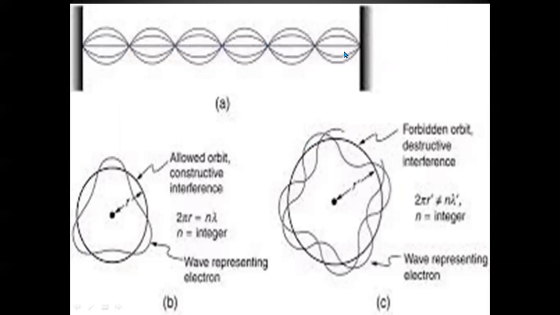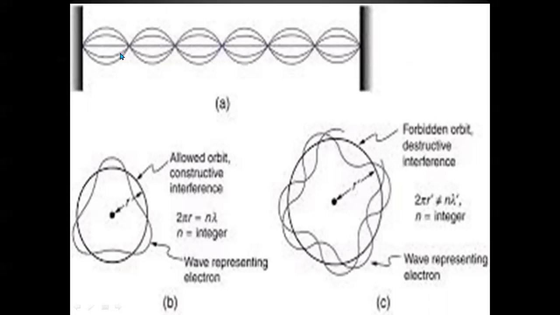Actually, these are three waves. Starting from this point up to this point, one wave. This point to this point, second wave. This is the third wave. Now, this is actually the original wave which is traveling from this point, and when it meets this, it cannot travel further, therefore it reflects back and travels again in exactly the opposite direction to the original wave, and it meets here with the original wave.